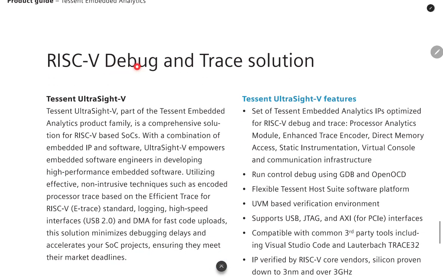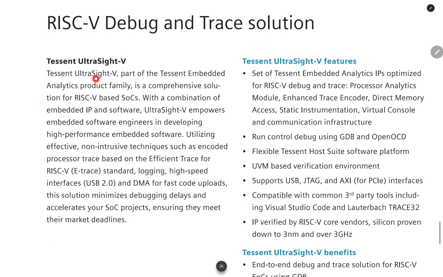The RISC-V debug and trace solution, Tessent UltraSight-V. The Tessent UltraSight-V, part of the Tessent Embedded Analytics product family, is a comprehensive solution for RISC-V based SoCs. With a combination of embedded IP and software, UltraSight-V empowers embedded software engineers in developing high-performance embedded software.